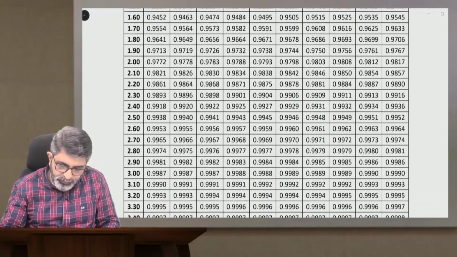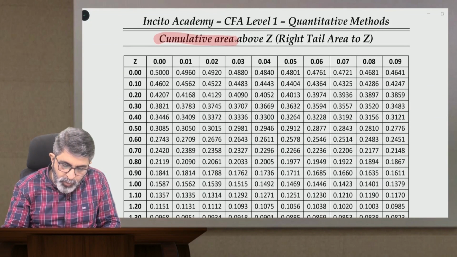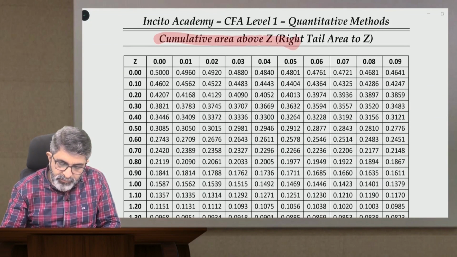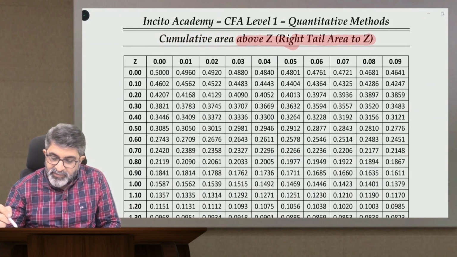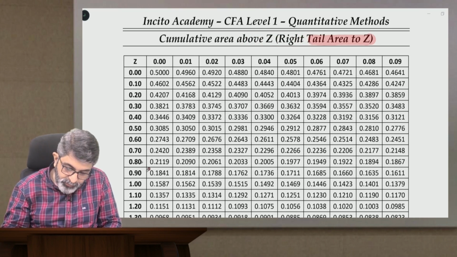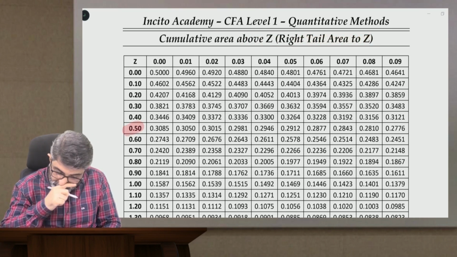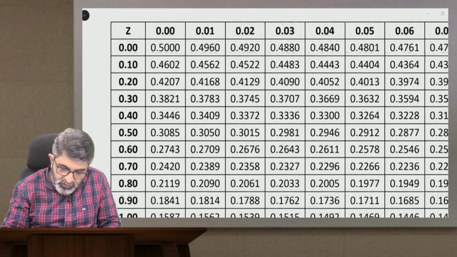So we move to the cumulative area above z, that is right tail area, and we want z as 0.50, right? Look at what is given over here.